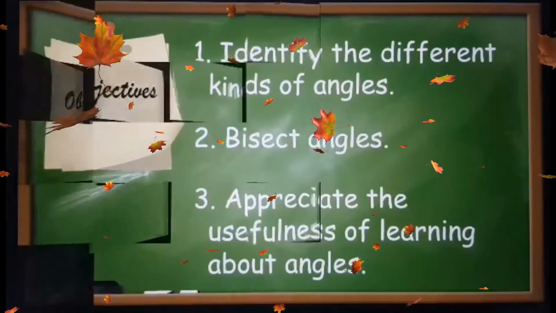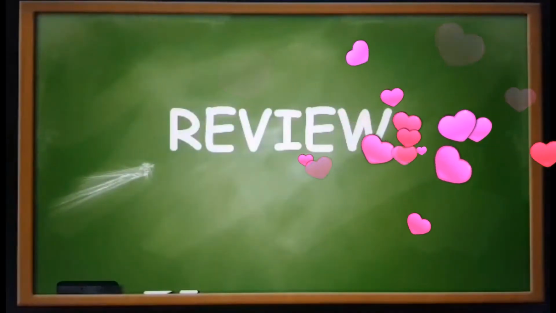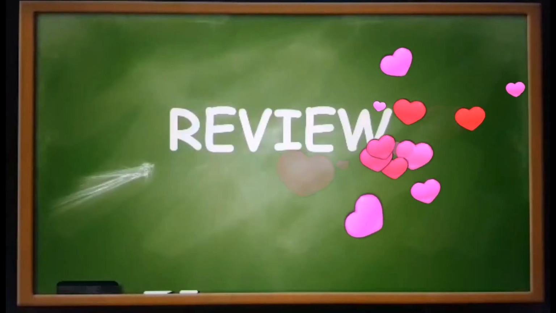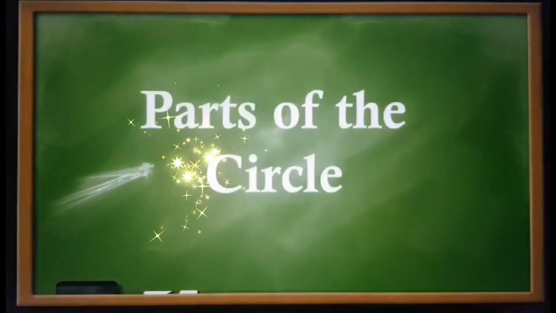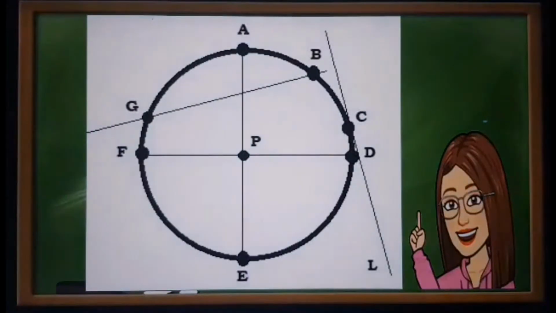Before we proceed to today's discussion, let's have a recap of the previous lesson first. Do you still recall the different parts of the circle? I will show you pictures of the parts of the circle, and I will give the definition.